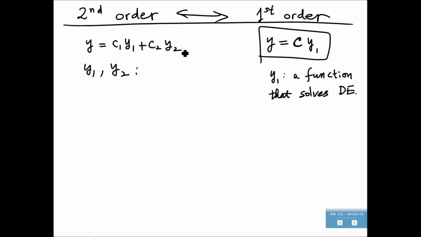Is it quite reasonable to you? If I write it that way, the solution y for the second order differential equation is some function that solves the equation and another function that solves the equation, and you linearly combine those using arbitrary constants. Okay? That seems reasonable, right?